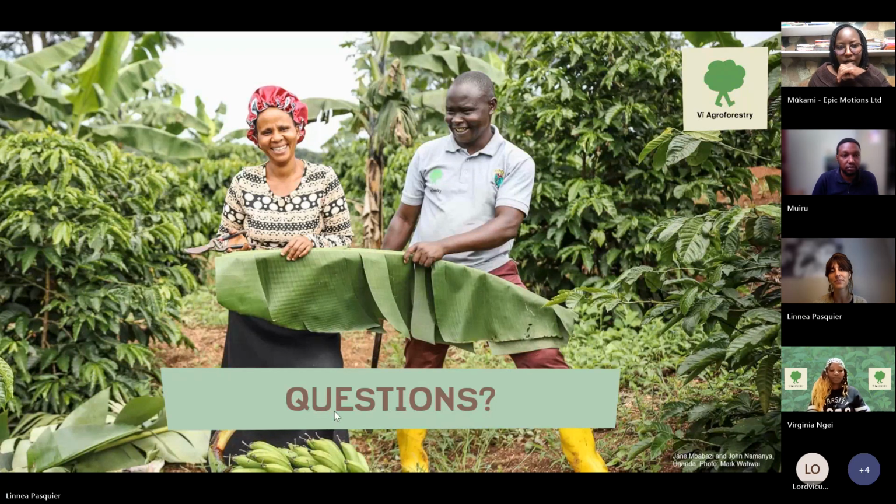Yeah, Mukami. In terms of training the partners, is that also a place where you train them on how to do the data collection? Is it a step in the process, so that we know whether it is good to capture a trainer showing the stakeholder how to upload the data, whether through SMS or through the app?